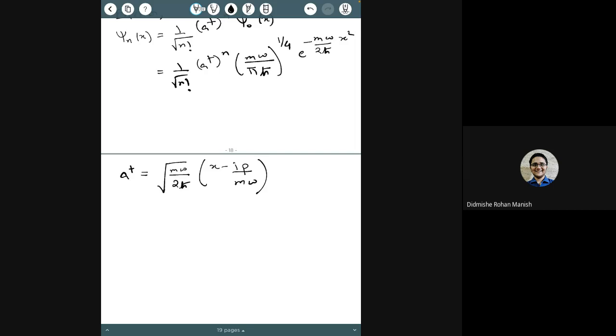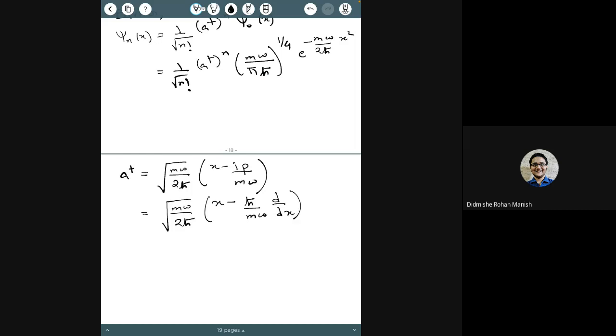Now I'm writing the operator form of p, so I get minus h cross by m omega, so the i goes away, times d by dx.